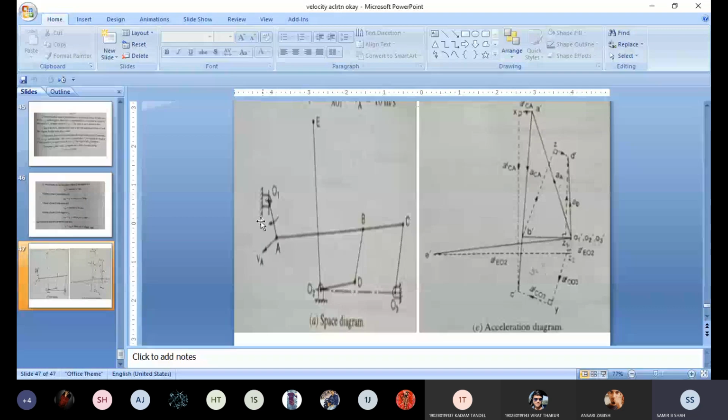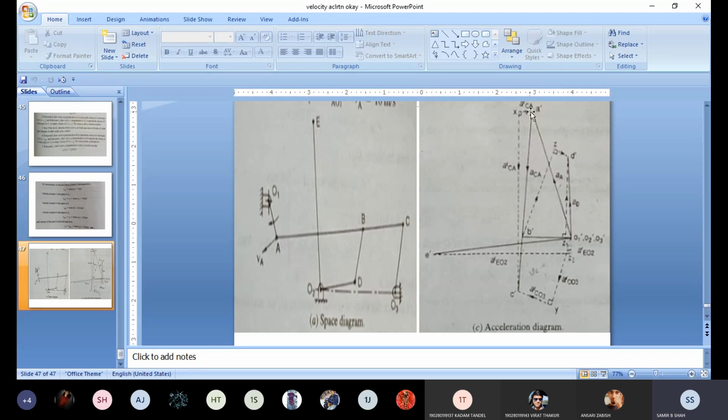We have to draw the radial part, which means we have to draw a parallel line from O1 dash. Using the scale, draw the vector O1 dash A dash parallel to O1A with some suitable scale, as shown by my cursor.